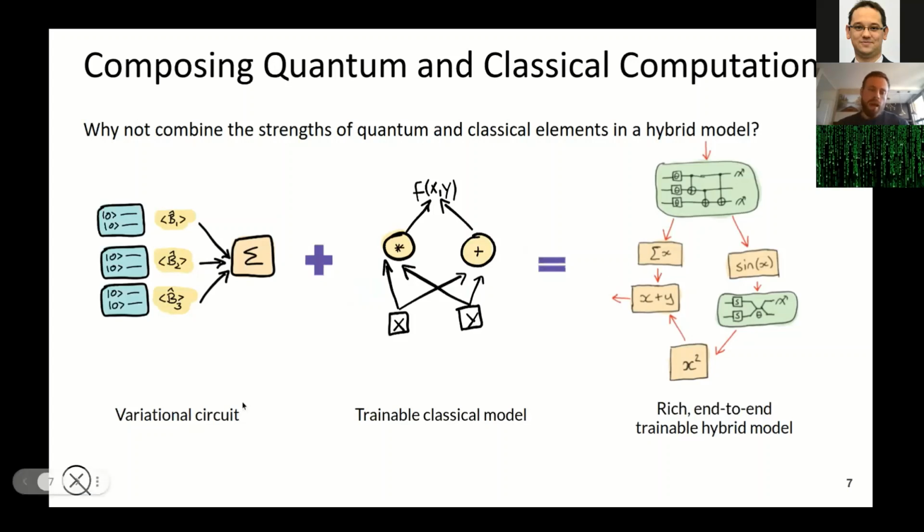Now, I introduce this variational circuit. We will see what quantum variational circuits are in just a second. But the key takeaway here is that you can create hybrid models where you have quantum nodes as well as classical nodes. And it is very much worth noting that such quantum nodes can be executed on separate quantum hardware as well.